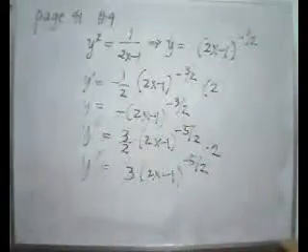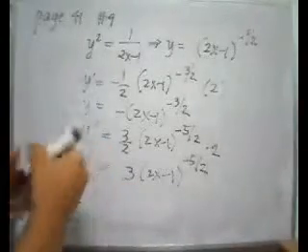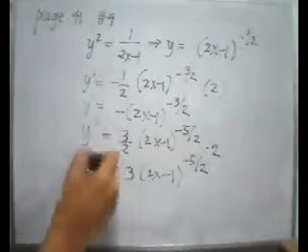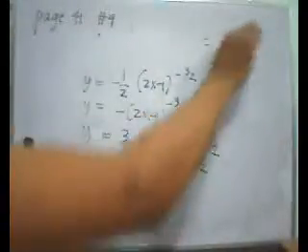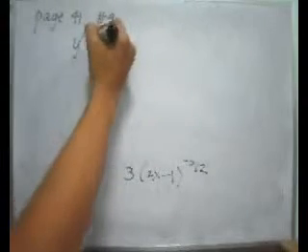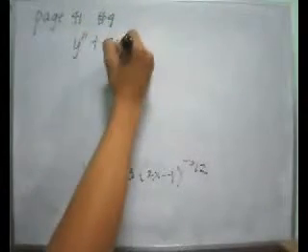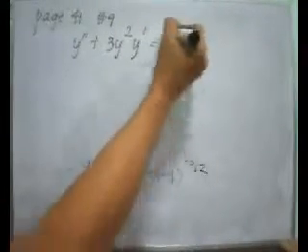So you take note of the following: the value of y prime and then the y double prime. Substituting this into the following equation, we have the equation written in this form: y double prime plus 3y squared y prime equals 0.